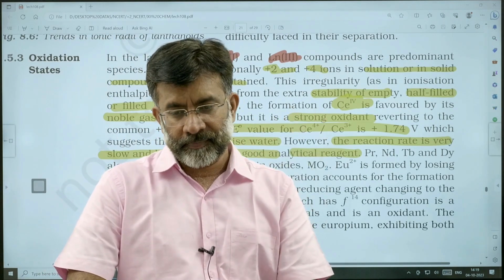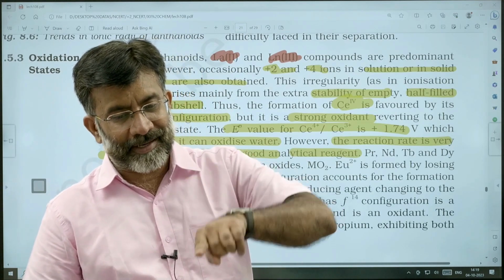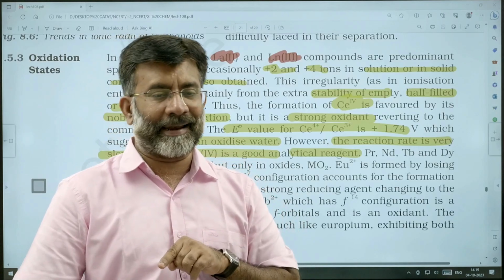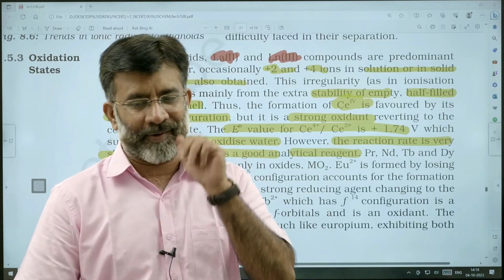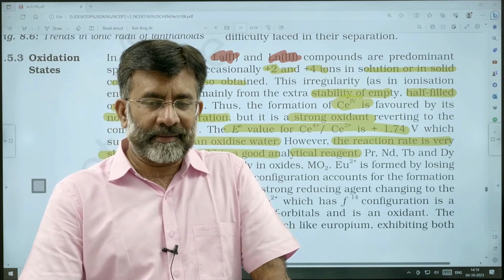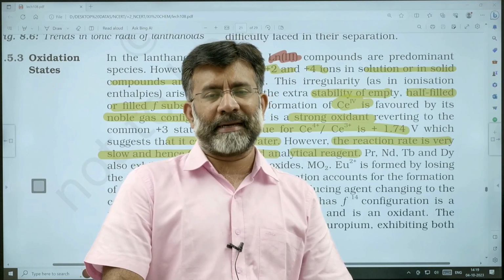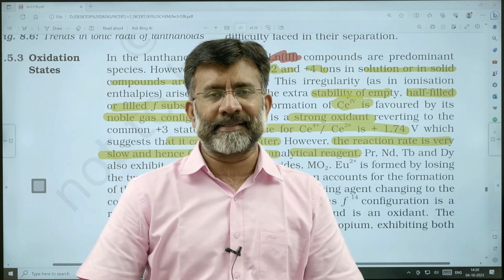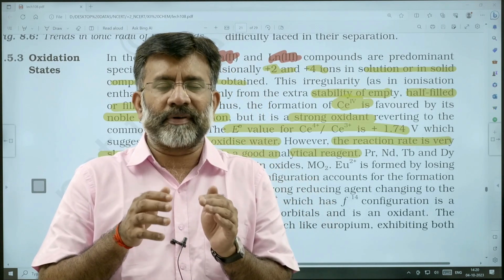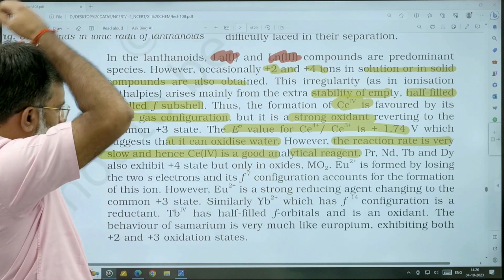Theoretically it can oxidize water, so how can it act as a good analytical reagent in aqueous solution? Because practically it is unable to, as the rate of reaction is too slow. It is a kinetically unfavorable reaction.